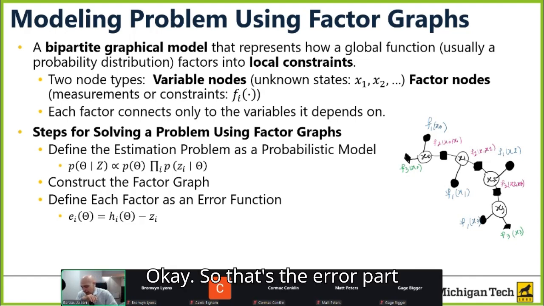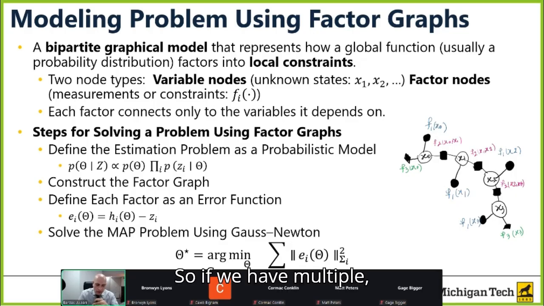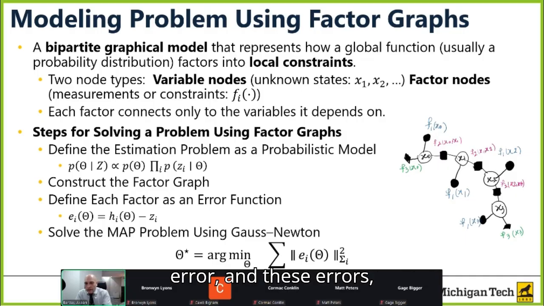Okay. So that's the error part that we want to minimize. The next part is to bring everything down to one single MAP problem. If we have multiple factors, all these factors make one error.